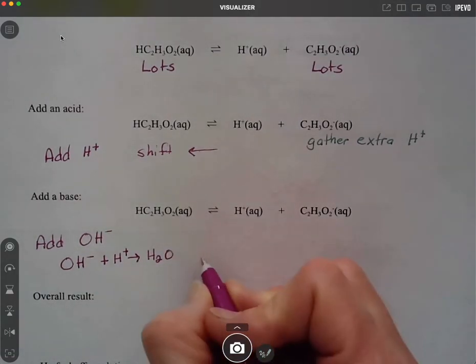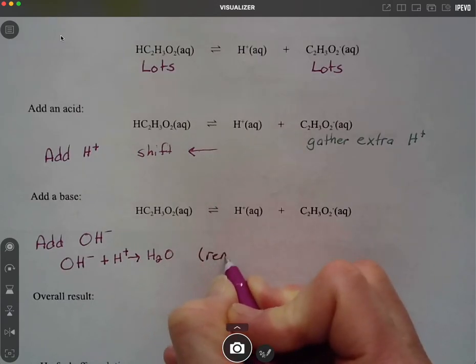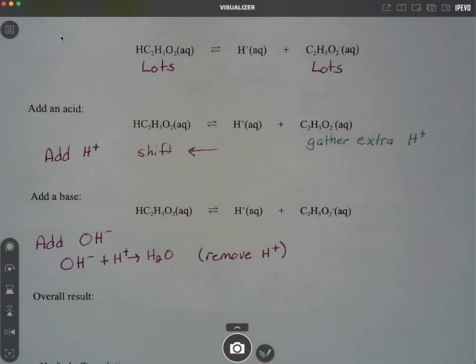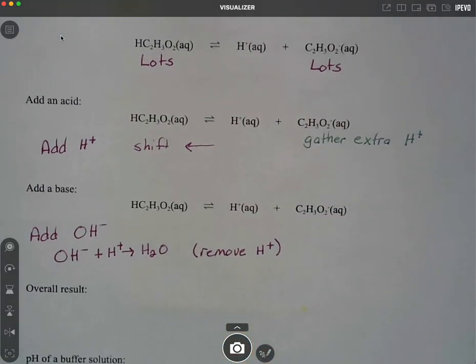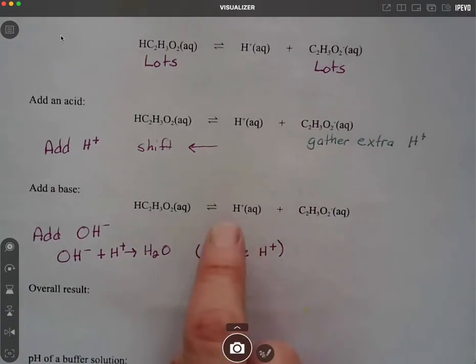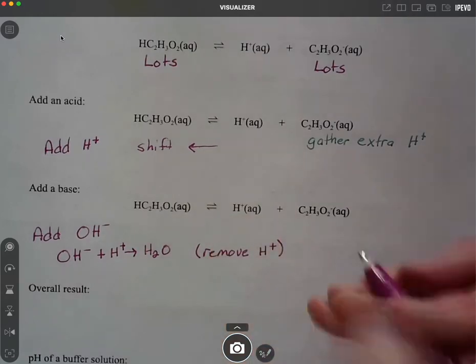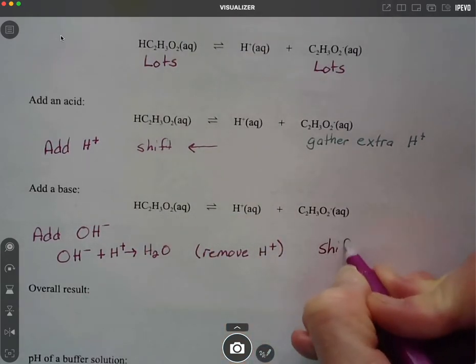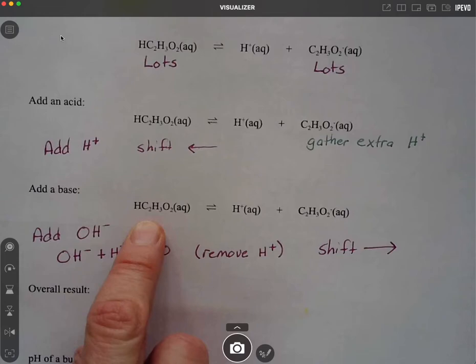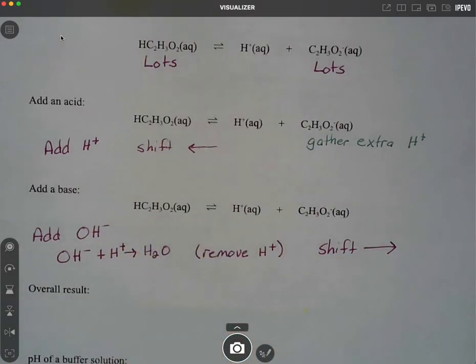So the net effect is that of removing the hydrogen. That should cause the pH to drop, except that we have a way to replace those. If these start to disappear, the equilibrium shifts to the right. These guys start falling apart and replacing the hydrogens.